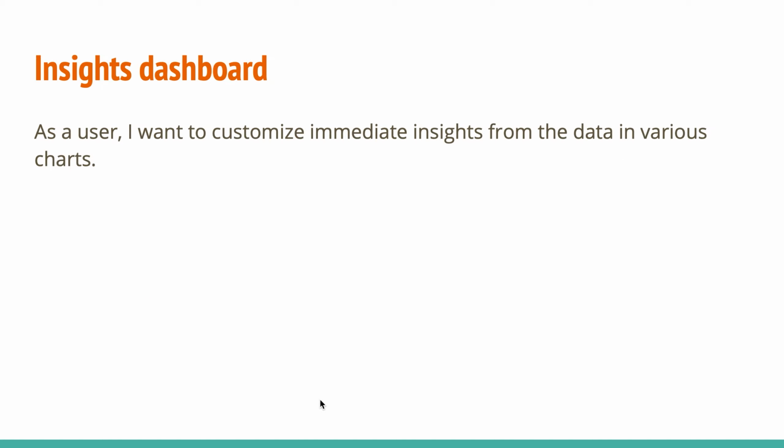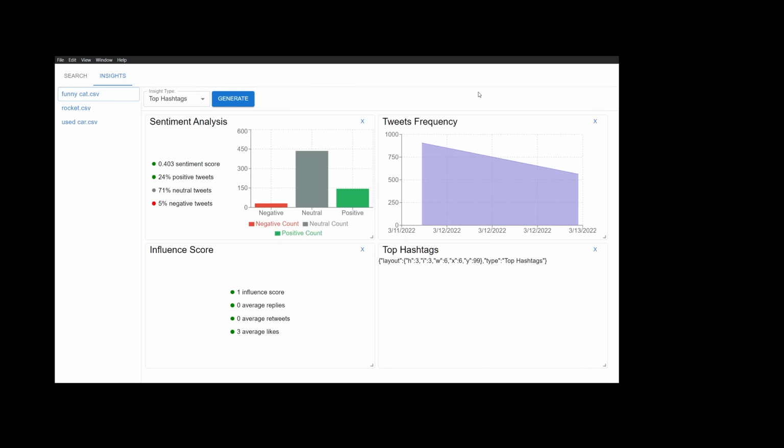For the first user story accomplished in this sprint, we wanted to allow users to customize immediate insights for the data in various charts. The most important feature we implement in Sprint 3 is the Insight tab. With the tab, you can generate different analysis and summary based on the data you collect in the Search tab.